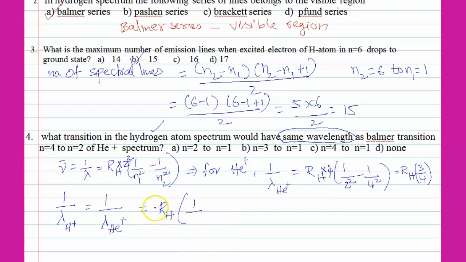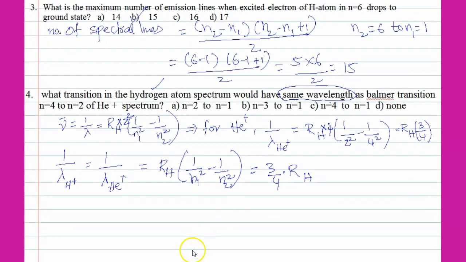Then next, 1 by n1 square minus 1 by n2 square. We already know the 1 by lambda He plus value, 3 by 4 RH. So RH cancels. Then we get 1 by n1 square minus 1 by n2 square equal to 3 by 4.